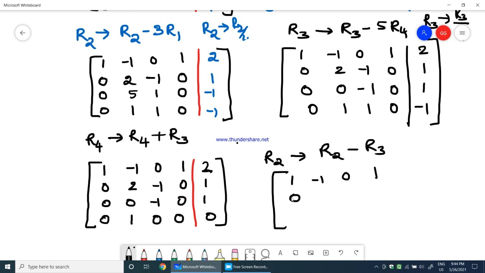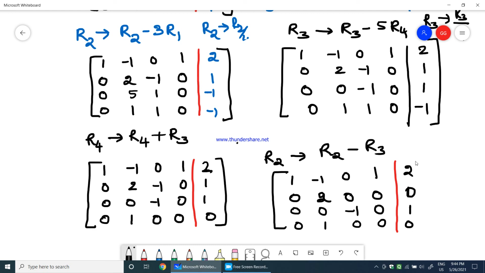So 0 minus 0 is 0, 2 minus 1 is 1, 2 minus 0 is 2, minus 1 minus of minus 1, which is 0, and this is also 0, and this is 0, 0, minus 1, 0, 0, 1, 0, 0. So therefore I'll say this is 2, 1, R2 is R2 minus R3, so this becomes 0, this is 1 and this is 0. So this is the solution.